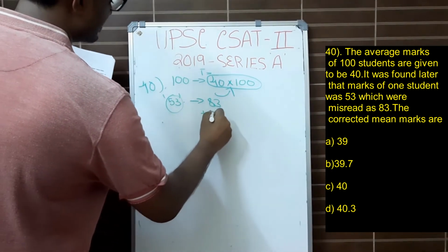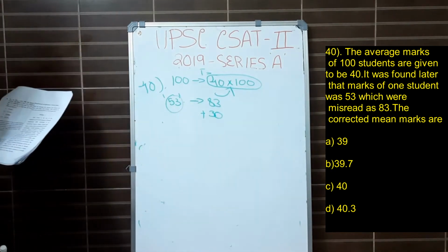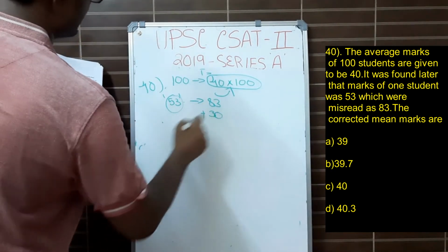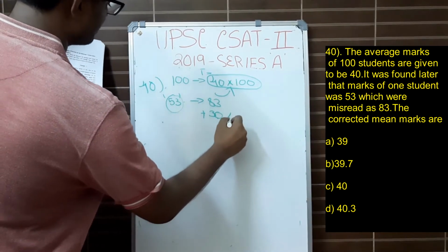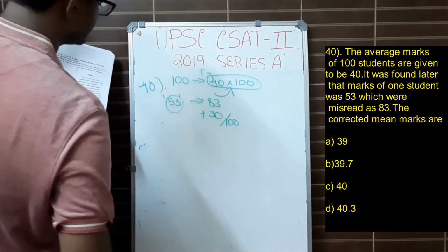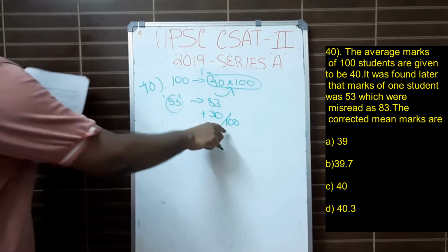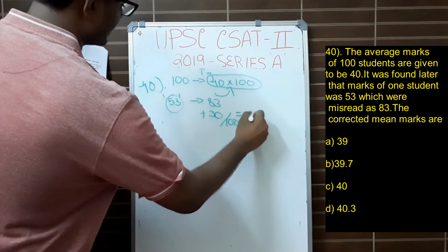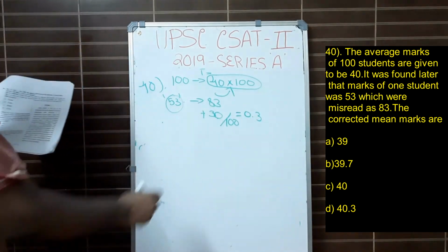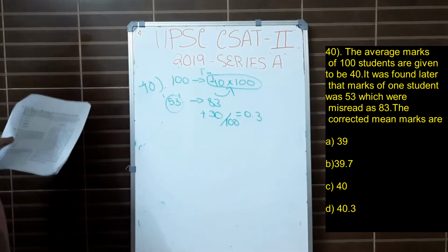So they have overcounted by 30 marks. When you overcount by 30 marks, the average is impacted by the overcount divided by the number of students in the data, which gives us 0.3. So the average is overstated by 0.3.